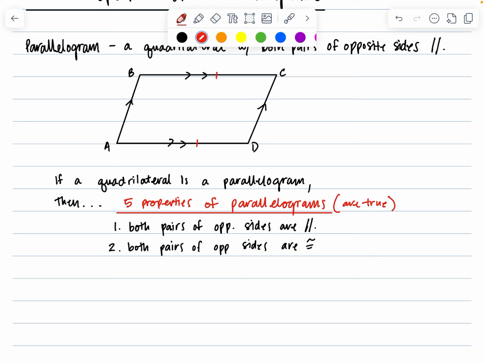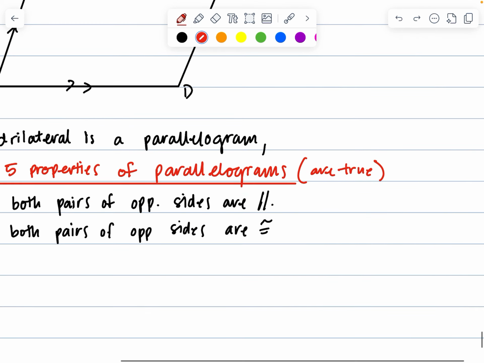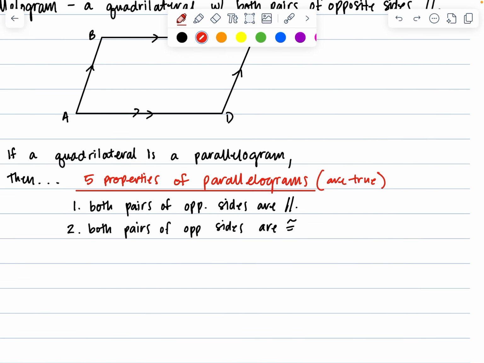Well, if I put tick markers on AD and BC, AB would be congruent to CD. So we have that as well. I'm going to draw them off to the side here, just so we can visually see it individually. So both pairs of opposite sides are parallel.